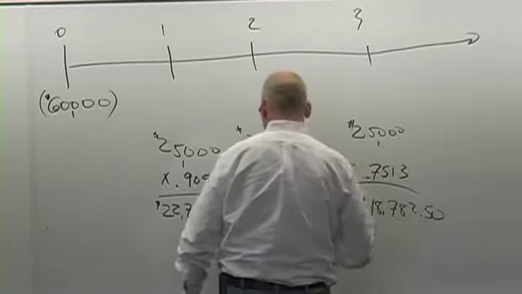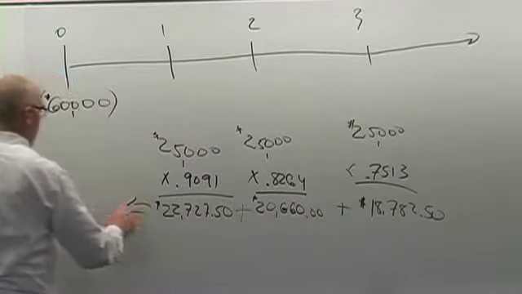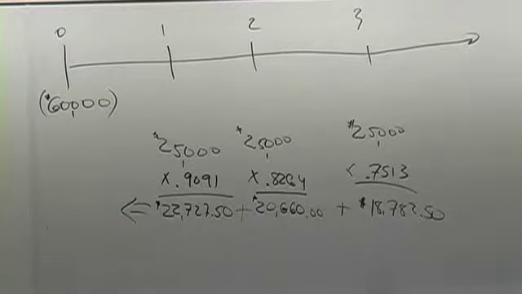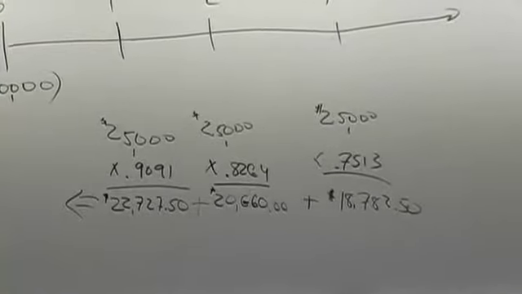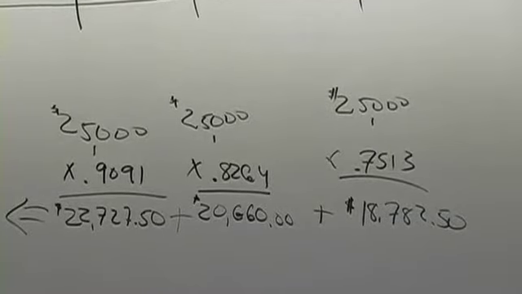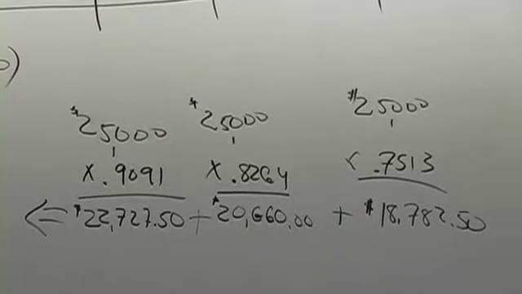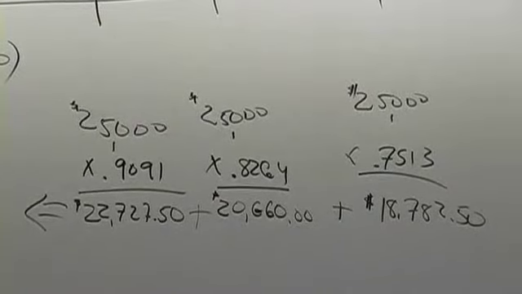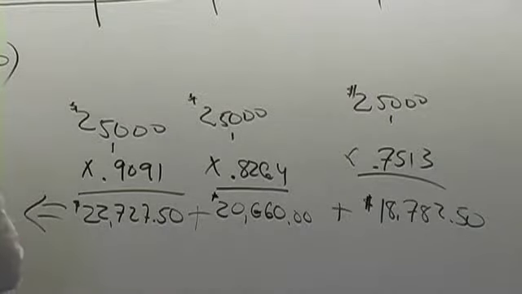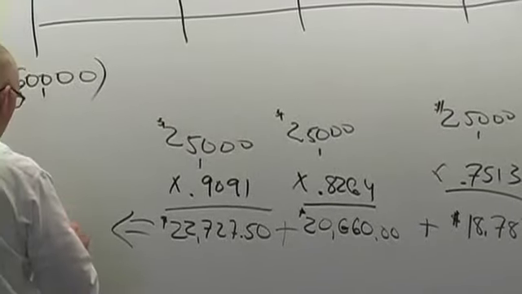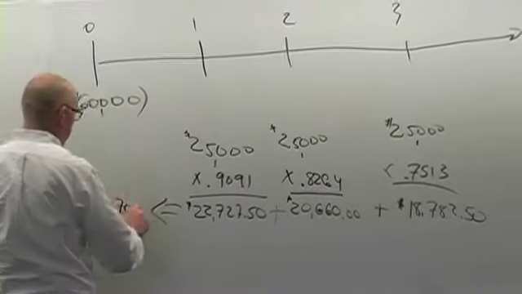And now what we need to do is add these all together and put them there. There's a lot of people missing here. Nicole, do you have it? 62,170.